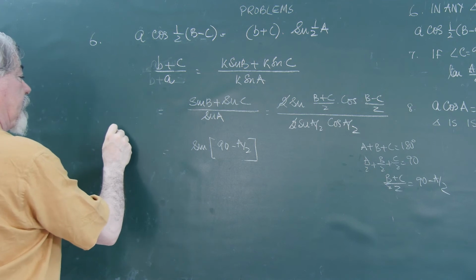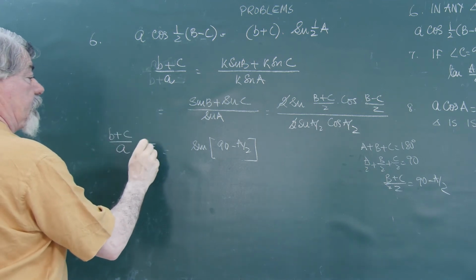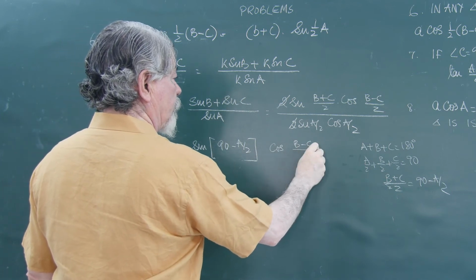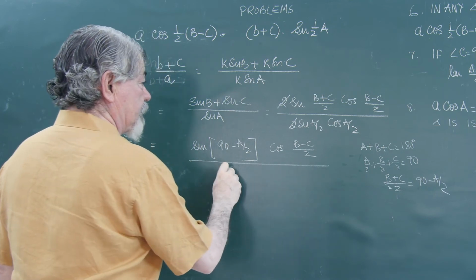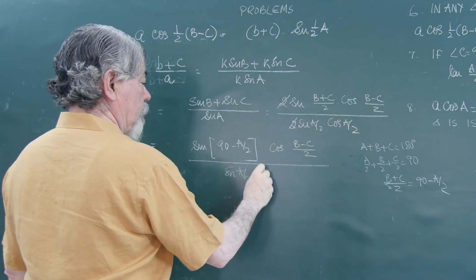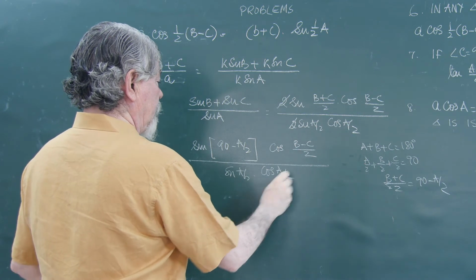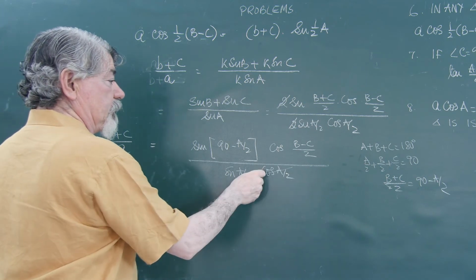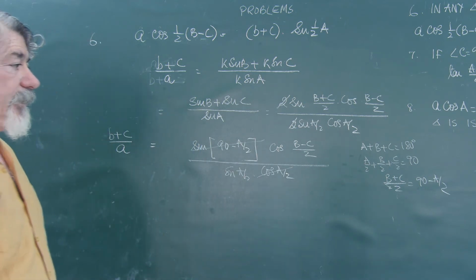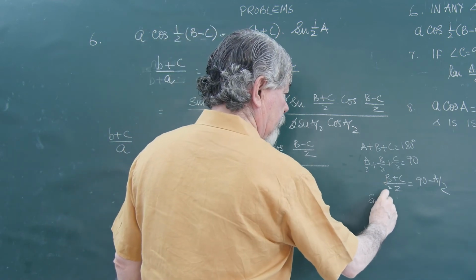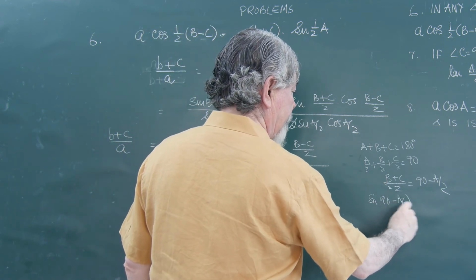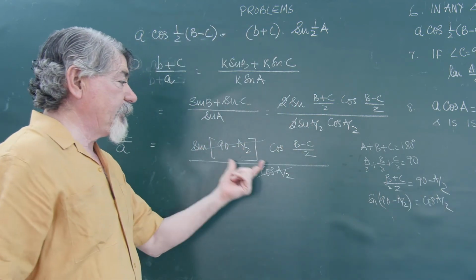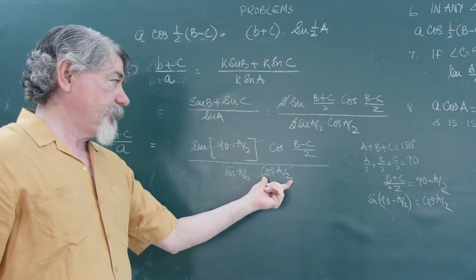So (b plus c) upon a is equal to cos (B minus C) upon 2 upon sine A upon 2 cos A upon 2. Sine (90 minus A upon 2) will become cos A upon 2, because sine (90 minus theta) is cos theta. So this will cancel with cos A by 2.